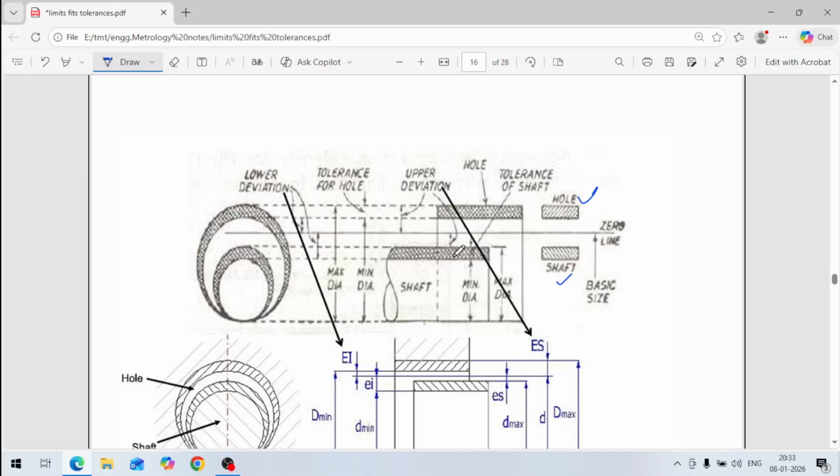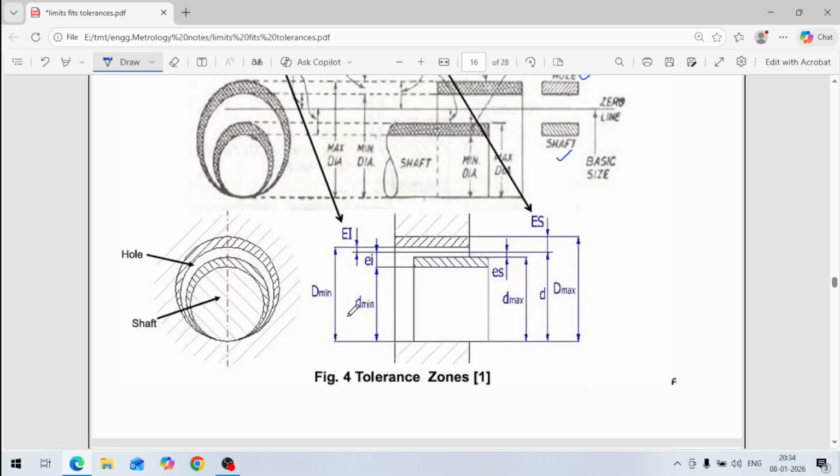And what is fundamental deviation? In case of shaft, upper deviation is fundamental deviation, whereas in case of hole, lower deviation is fundamental deviation. So the deviation which is very near to the basic size is fundamental deviation, which defines the tolerance zone. That's all.